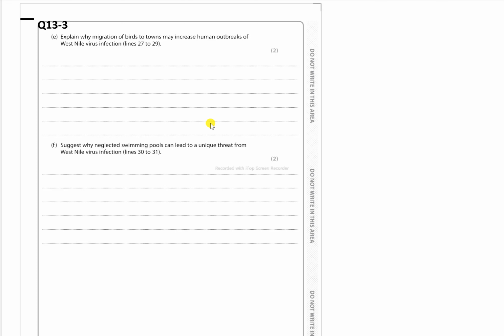Right, explain why migration of birds may increase human outbreaks. So because the birds migrate, they travel around.